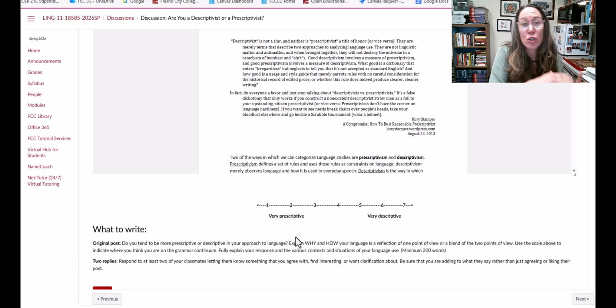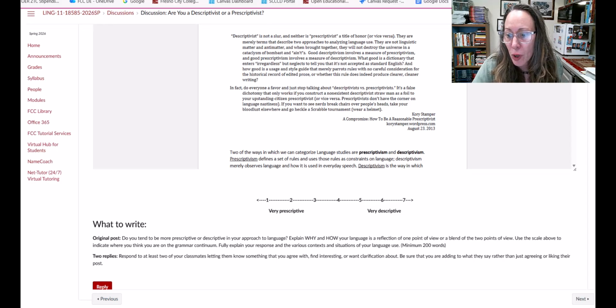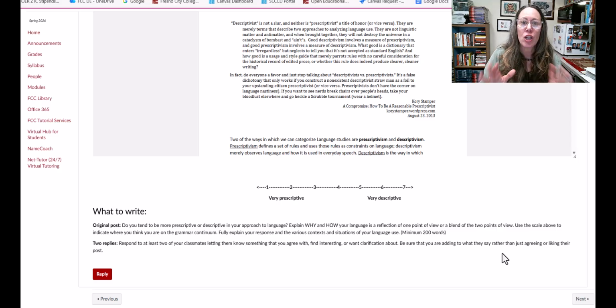Are you more of a descriptivist or more of a prescriptivist? And then explain. For the replies, just pick one thing, one sentence that your classmates said and respond to that, expand on that, answer the question, ask a question, give more information about that.